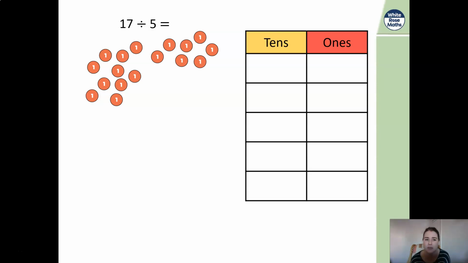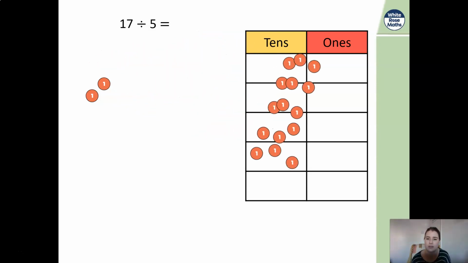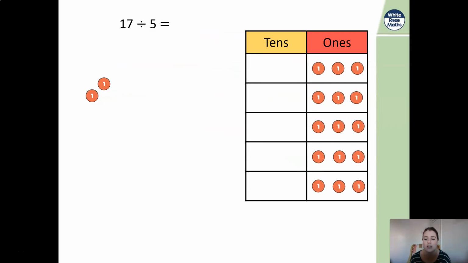If I count my 5 times tables, 5, 10, 15. I can't go to 20 because that's bigger than 17, but I can fit 15. So I can fit 3 lots of 5, which is 15. From 15 to 17 I have 2 left over. So my answer is 3 remainder 2.